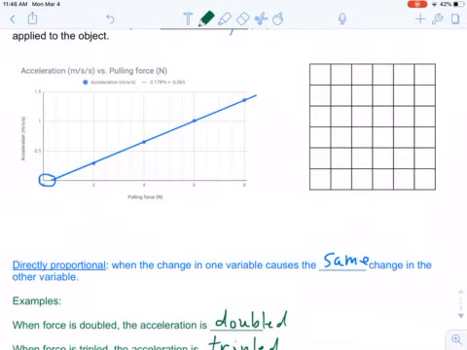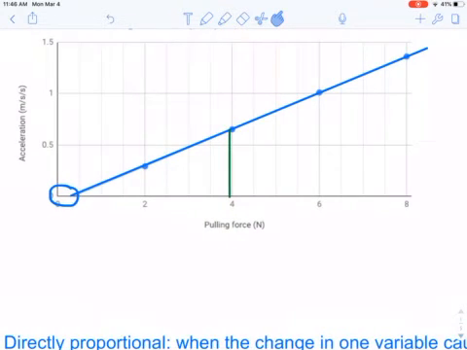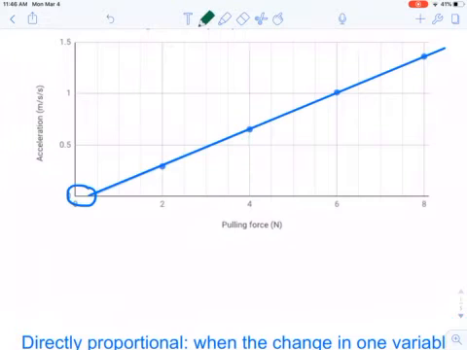Does our data support that? If we look more closely, when we had a value of 4, it was around 0.6 maybe, 0.7.